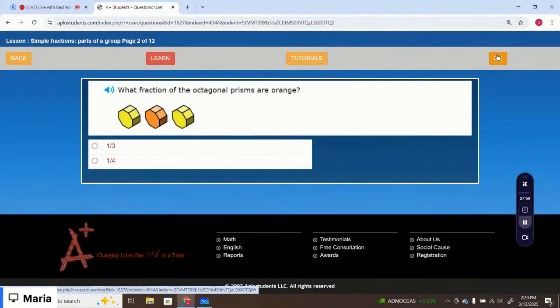What fraction of the octagonal prisms are orange? That is 1 out of 3. Option number 1 is the correct option, 1 out of 3.